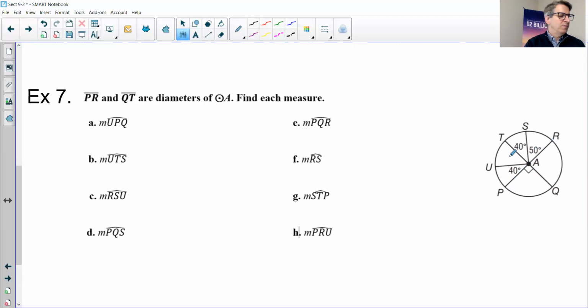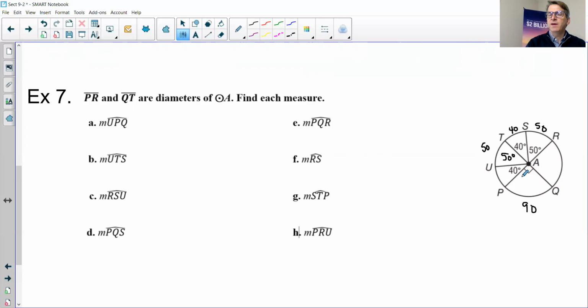This is going to be 50 here because this is a diameter, so this arc is 50. This arc is going to be 40, this arc is going to be 50, and this is 90 here, so this arc is 90.